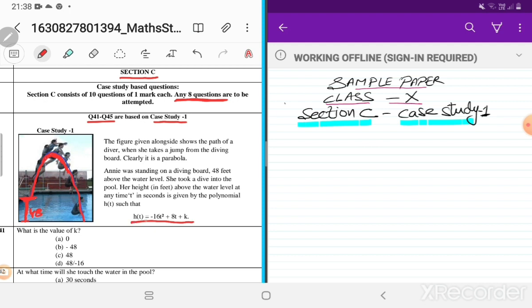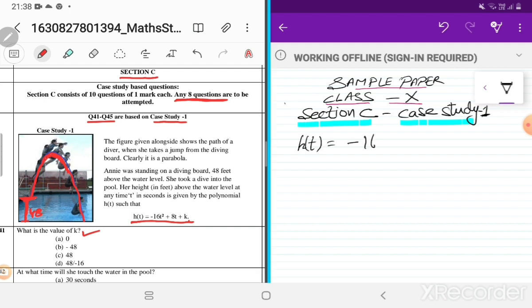In the first question, you have to find the value of k. We'll see which solution satisfies this equation, then we can solve it and find k. The polynomial is h(t) = -16t² + 8t + k.